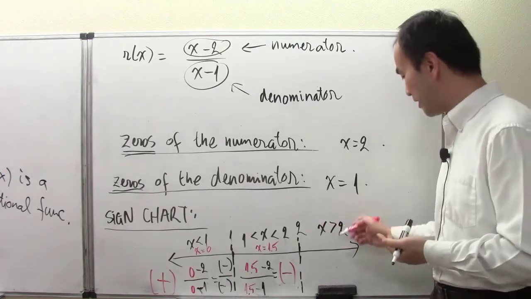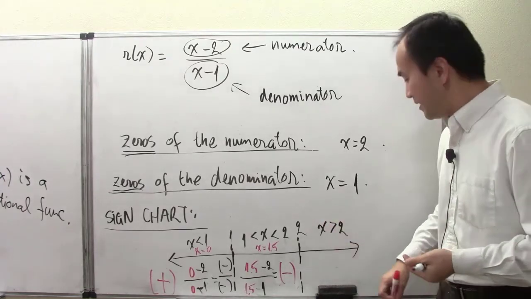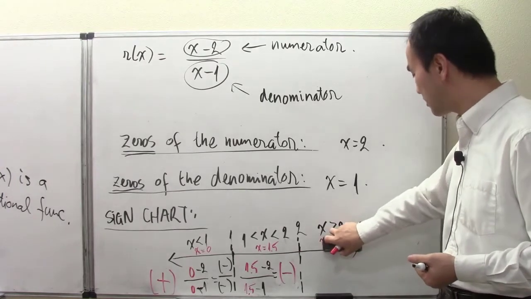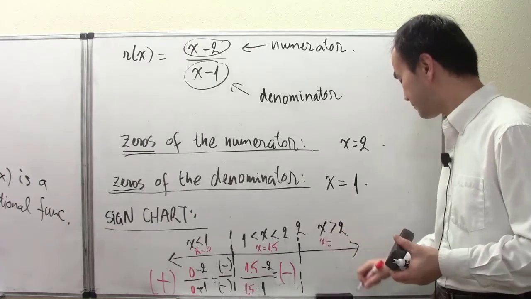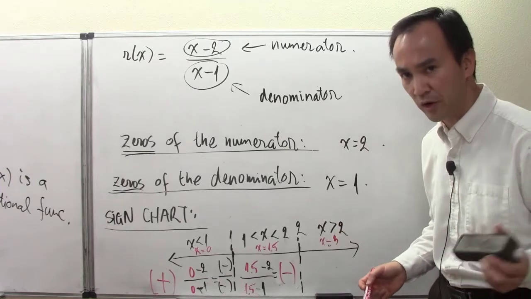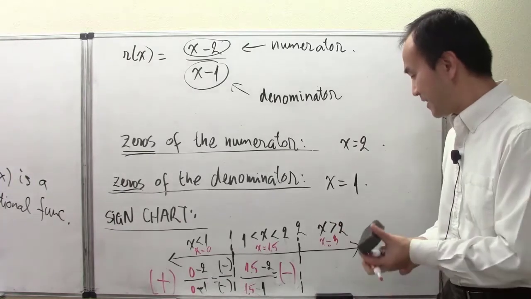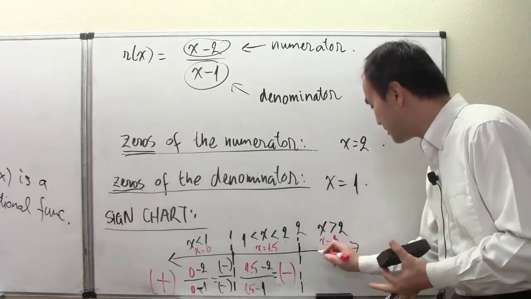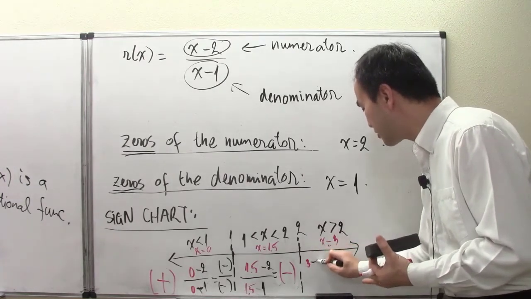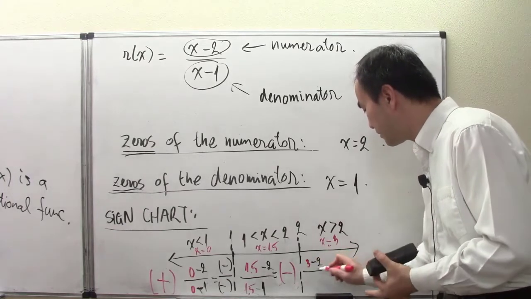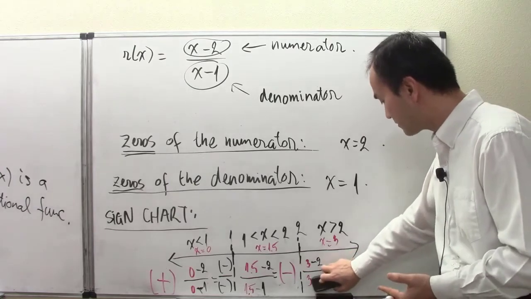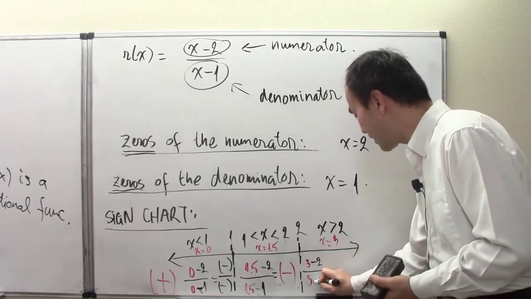So we want x greater than 2. I'm going to pick x equals 3. Okay, anything that's greater than 2. You can choose x equals 4, you can choose x equals 5. And so now what I'm looking at is 3 minus 2 divided by 3 minus 1.